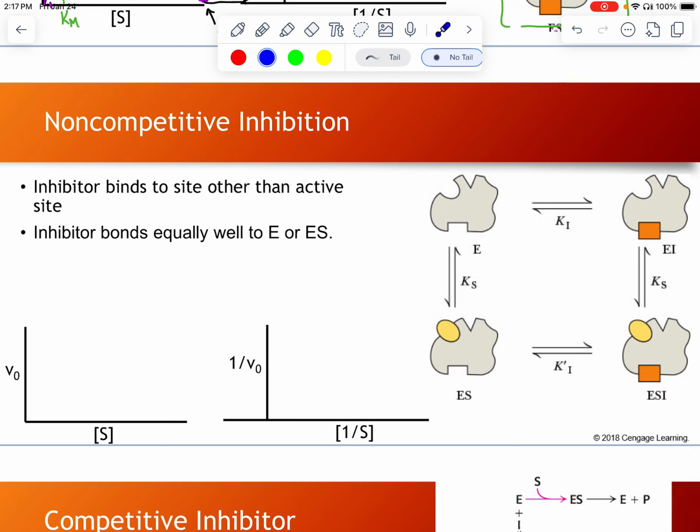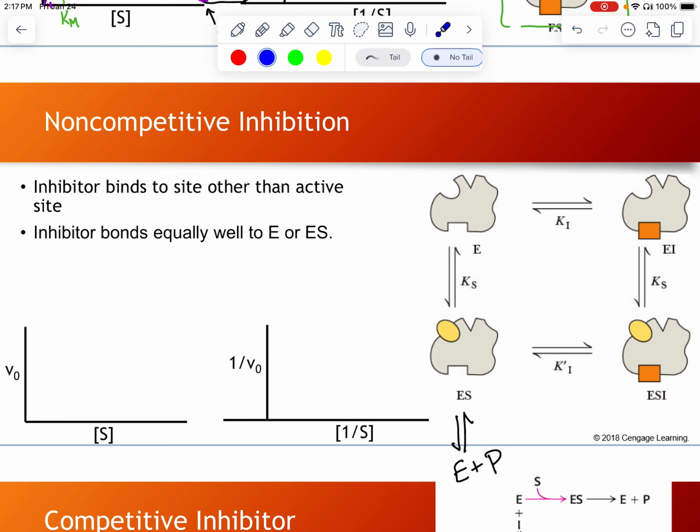If we wanted to continue our Michaelis-Menten, we could say that could go to enzyme plus product right here. But it turns out that at either of those steps along the way, when we have just the enzyme, the inhibitor can bond and block.